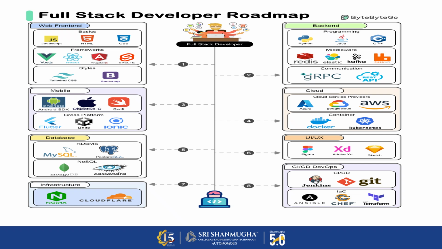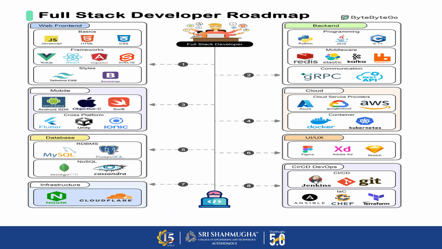For backend, the programming languages we have to know are Python, Java, C++, and others. For database, relational database, we have MySQL, and NoSQL database we can use MongoDB, Cassandra.